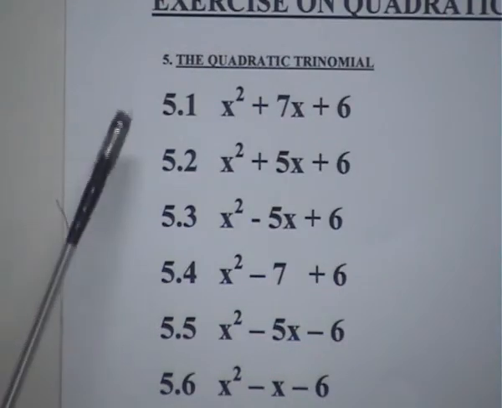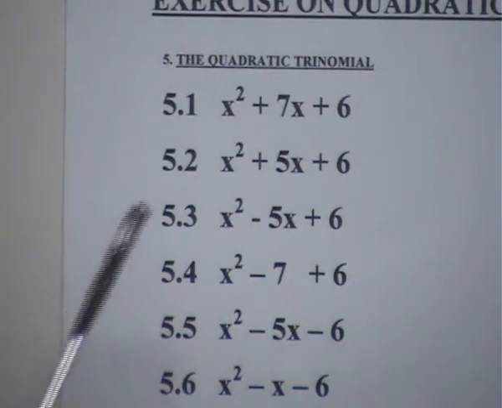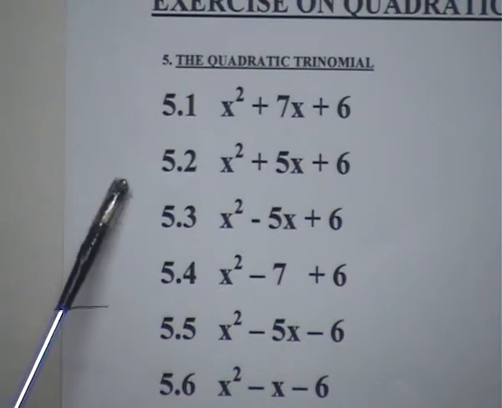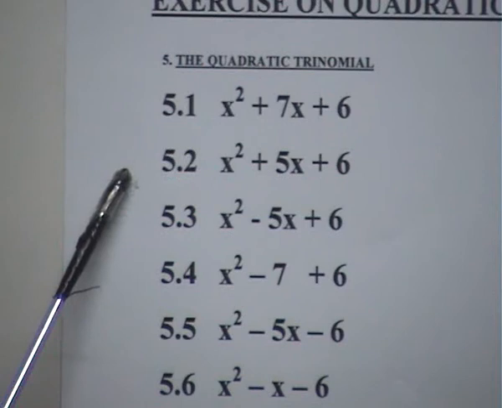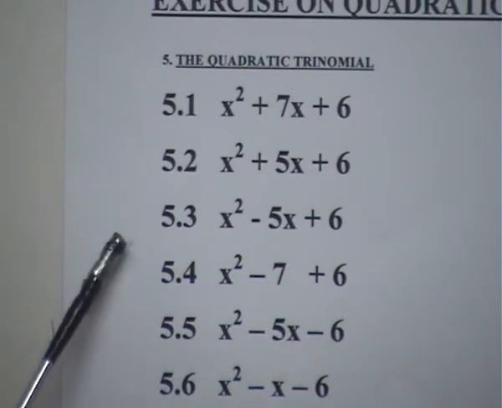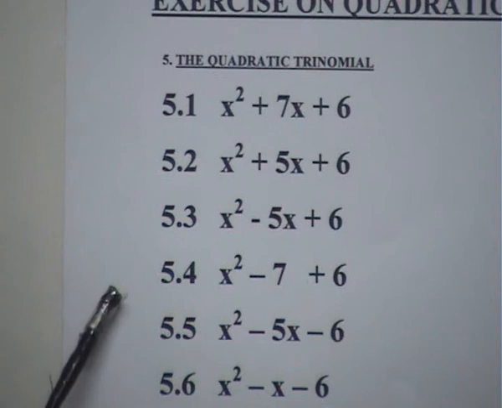Alright, so here are your examples. Exercise on quadratic trinomials. 5.1. x squared plus 7x plus 6. 5.2. x squared plus 5x plus 6. 5.3. x squared minus 5x plus 6. 5.4. x squared minus 7x plus 6.